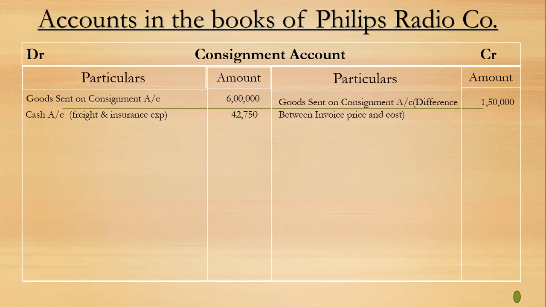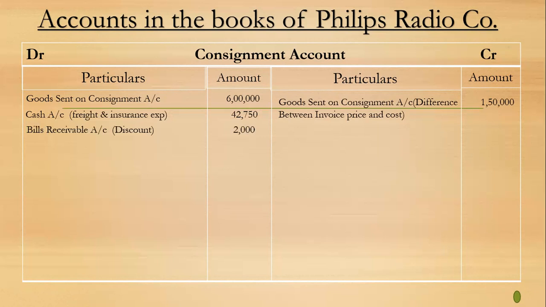Binaka Radio Services accepted a bill of rupees 1 lakh for 4 months and returned. Philips company discounted the bill after 2 months at 12% per annum. So we have to calculate the discount for 1 lakh. So we will write down the 1 lakh into 12%. That will be the 12,000 and it is 2 by 12. So the discount will be 2,000 rupees.